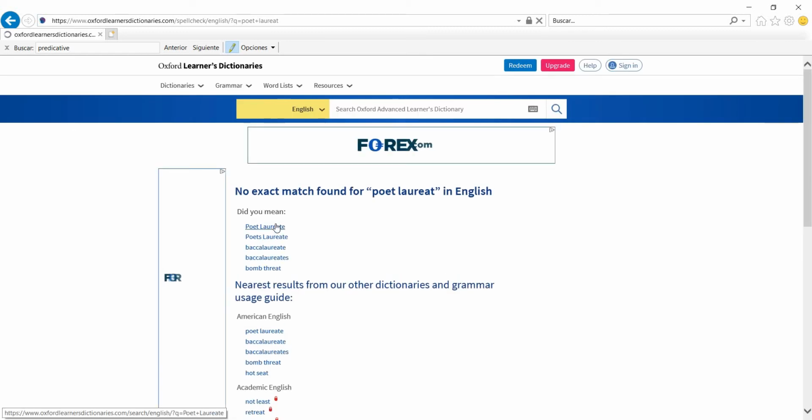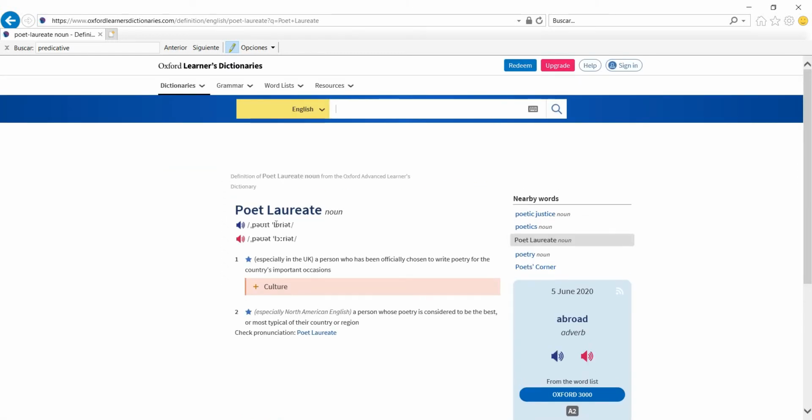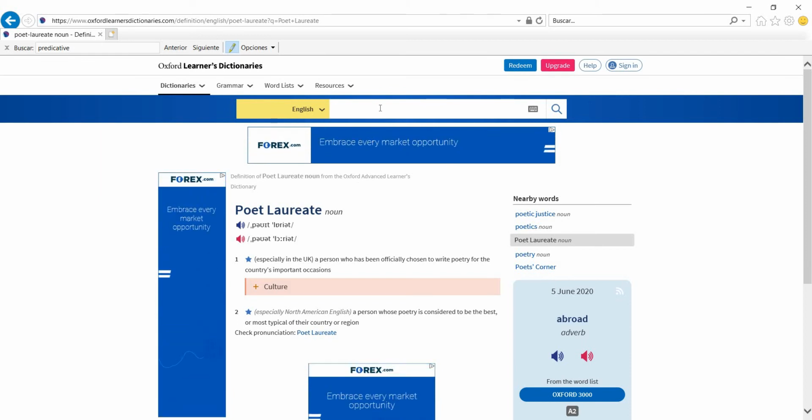You see, when you want to do something fast, it doesn't work. Poet laureate, right? So a person has been chosen to write poetry for the country, right? So it's a kind of position, right? Then president-elect, God Almighty, Attorney General.